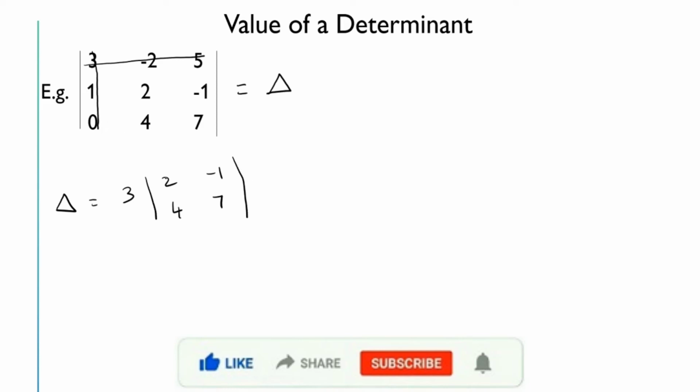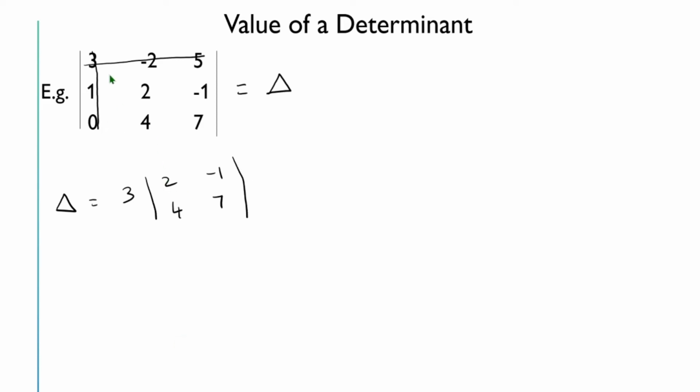So 3 into the determinant of this one, 2 minus 1, 4, 7. Then minus, then we have to take this element, that is A12. Minus 2 into, now we have to delete the row and column of this element and take the determinant of remaining elements. So 1 minus 1, 0, 7.